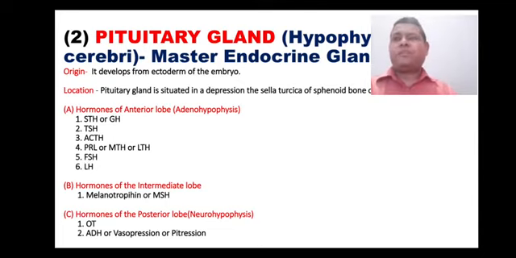Synthetic oxytocin, called pitocin, is injected into cows and buffaloes to get more milk. The target cells are the cells of the mammary glands. Second, ADH, antidiuretic hormone or vasopressin.